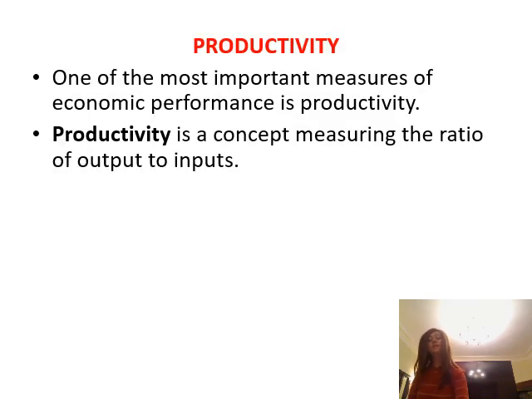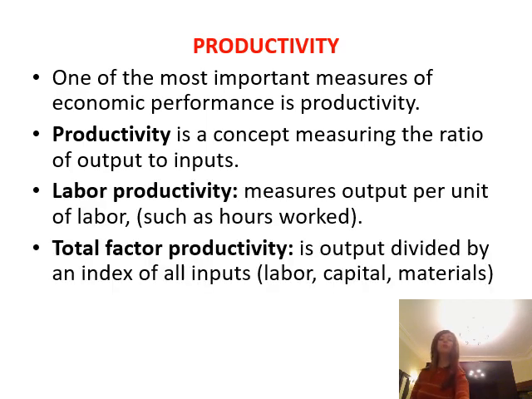One final concept in this chapter is the concept of productivity. Productivity measures the ratio of output to inputs. What does this mean? We are interested in economics to measure something called total factor productivity. What is total factor productivity? It is output divided by an index that contains all inputs used in the production process: labor, capital, materials.